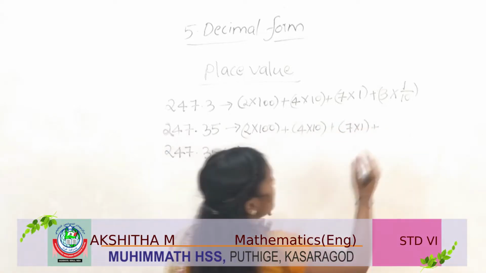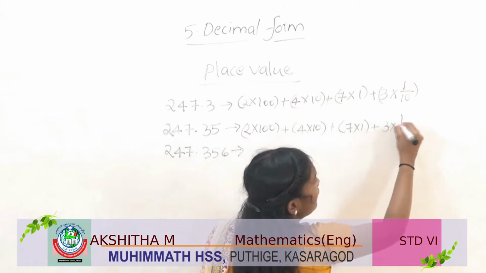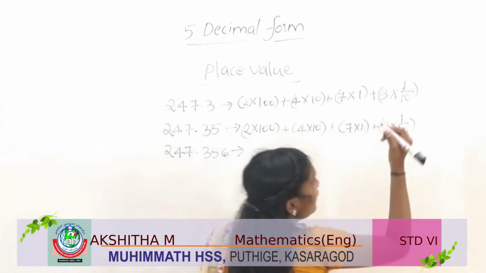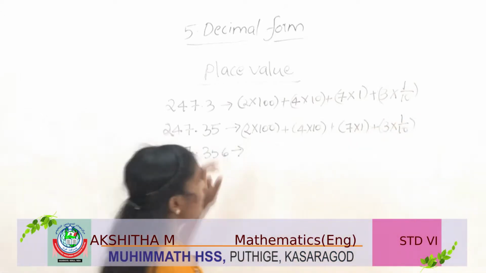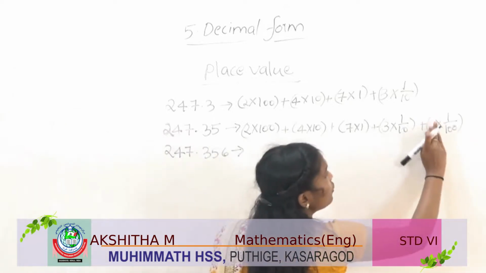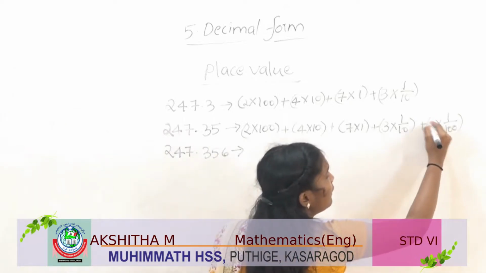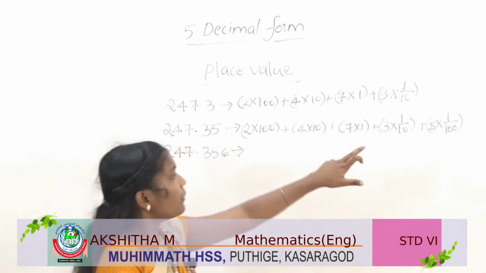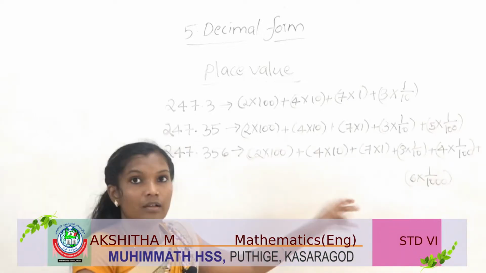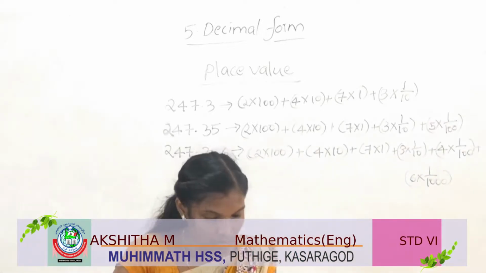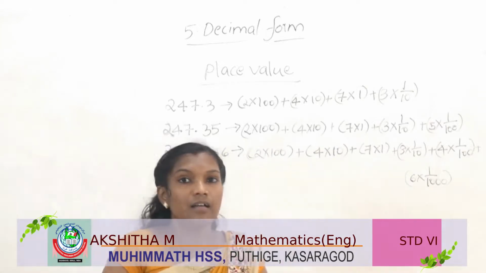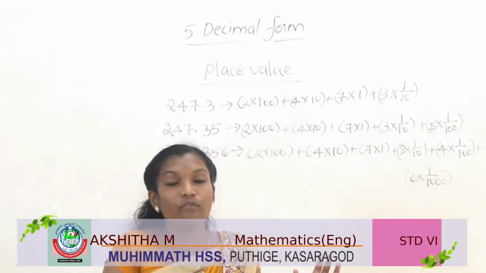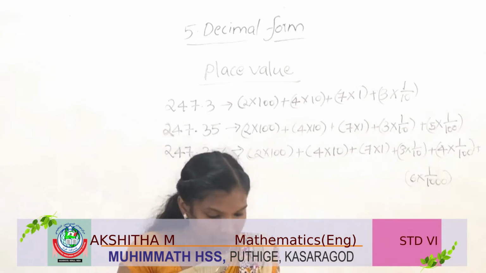Here 3's place value is 1 by 10. And the next number 5 into 1 by 100. Is it clear now? Like this we can split the numbers. This is the place value of decimal numbers.